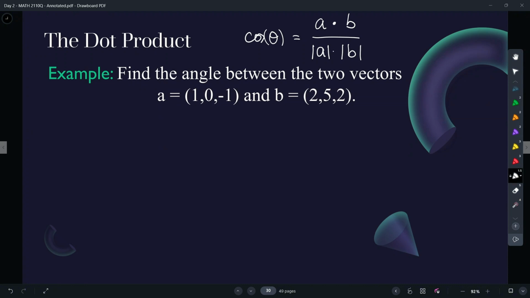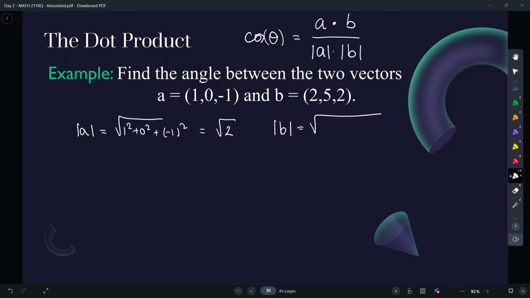So let's start with the length of A. The length of A will be the square root of 1 squared plus 0 squared plus minus 1 squared. So this is the square root of 2. What is the length of B?